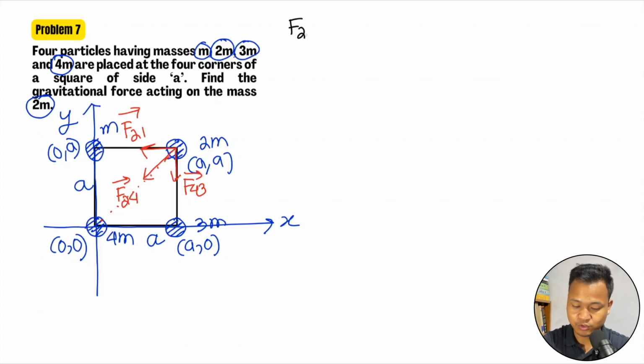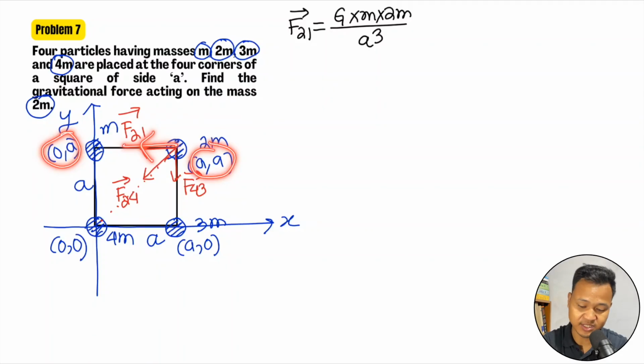Force on 2 due to 1 is G into m into 2m, the masses, divided by the distance. The distance between m and 2m is the side of the square, a, so a cube in the denominator with the vector being final minus initial.